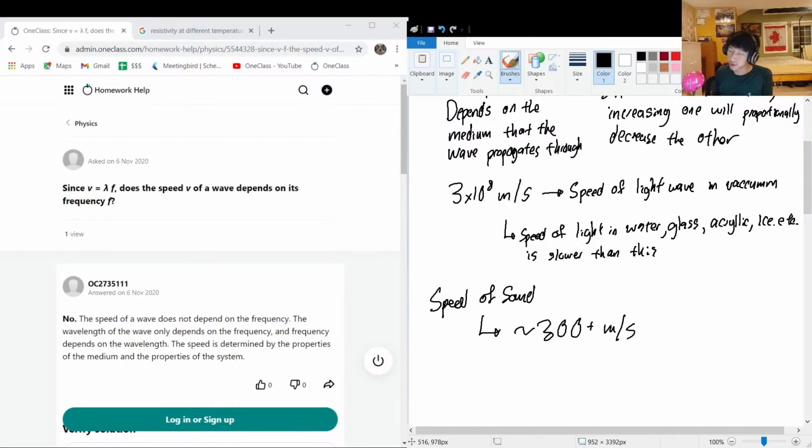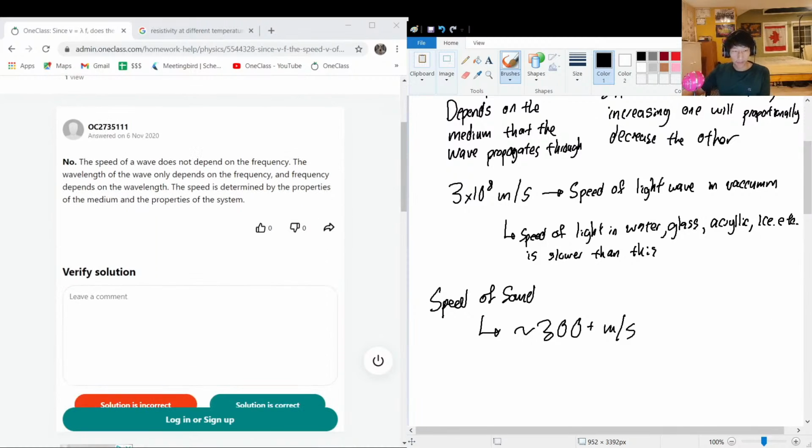On hot days versus cold days, the speed of sound is different. That's a physical change to the medium, and that changes V, but it's not the change in frequency or wavelength. It's the change in the medium that changes V. So it does not depend on frequency. Wavelength depends on frequency, and frequency depends on wavelength, but the speed is determined by the properties of the medium and the properties of the system.